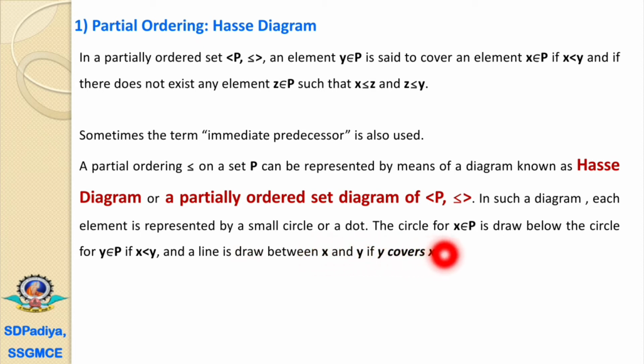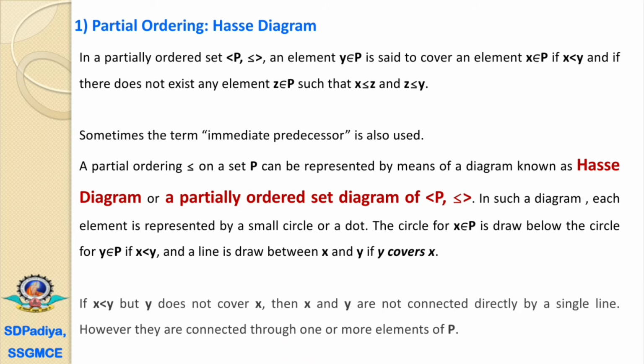The circle of x belonging to P is drawn below the circle of y belonging to P if x is less than y, or if x has a partial order relation with y, and a line is drawn between x and y if y covers x.